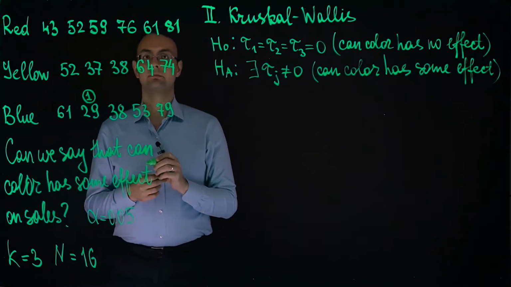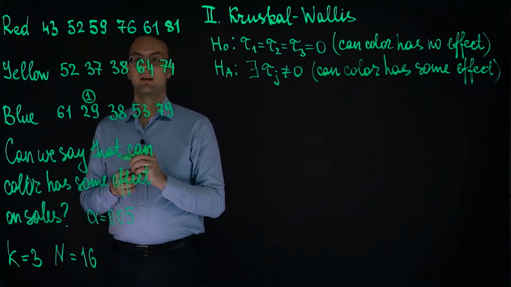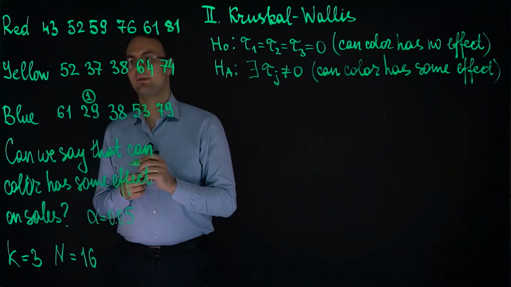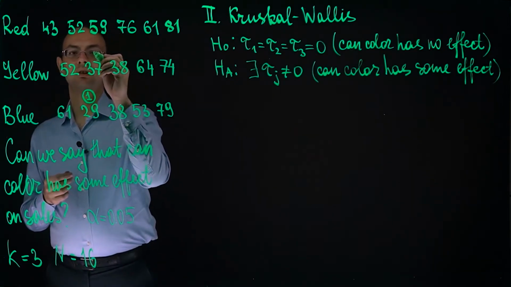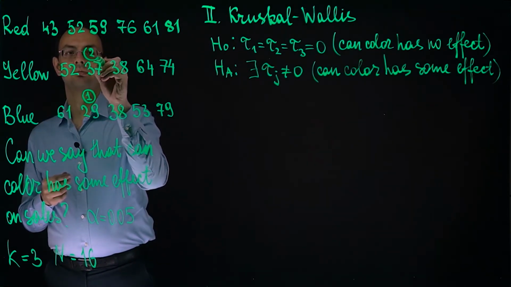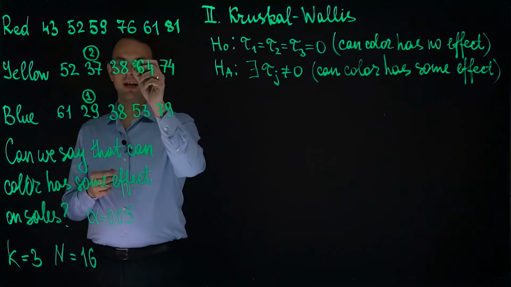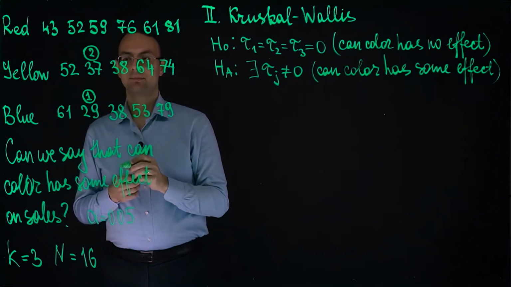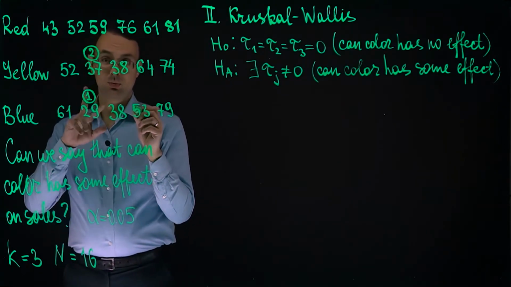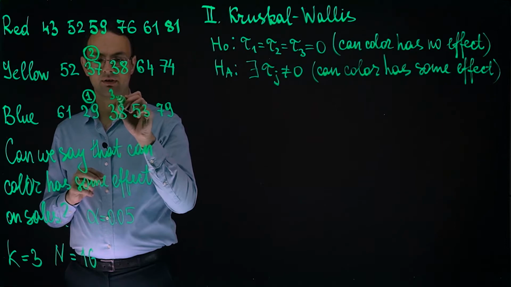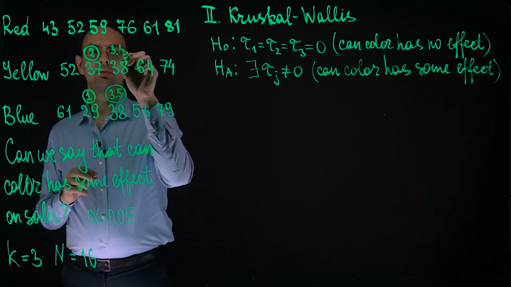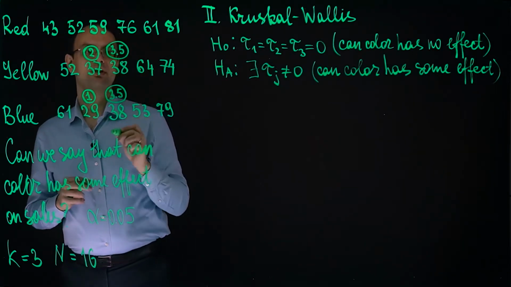Then I have 37, its rank is 2. Then I have 38 twice. So they share the third and the fourth places, and that is why their ranks are between 3 and 4: 3.5 is the rank of this, and 3.5 is the rank of this.